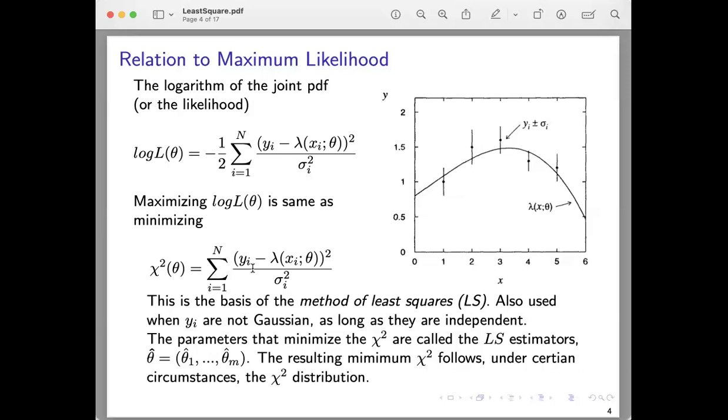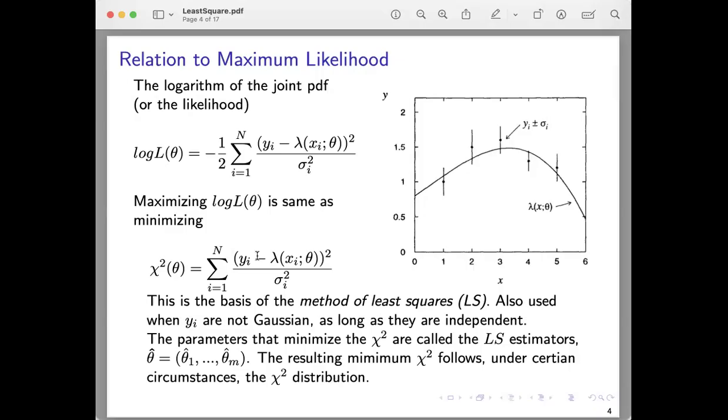You probably, whenever you try to learn ROOT from the beginning, do some function fit to some points, graphs or histograms, and you use these chi-square minimizers in that case. So this is the method of least squares, and even if the yi's are not Gaussian, as long as they are independent, this chi-square method is still used.